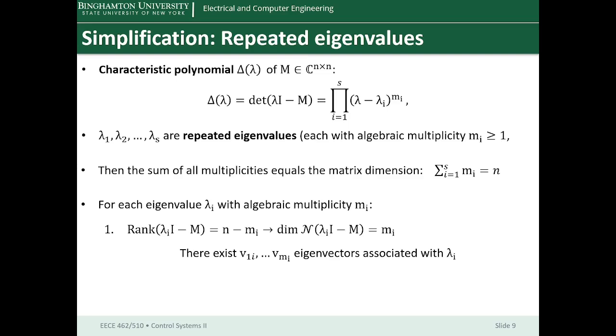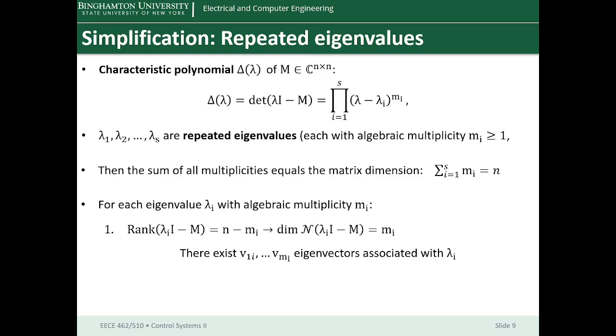Now, if the null space is large, meaning it has as many dimensions as the multiplicity of the eigenvalue, then we have enough independent directions to build a full set of eigenvectors for that eigenvalue. In this case, the rank of the matrix lambda times I minus M drops exactly by that same number.